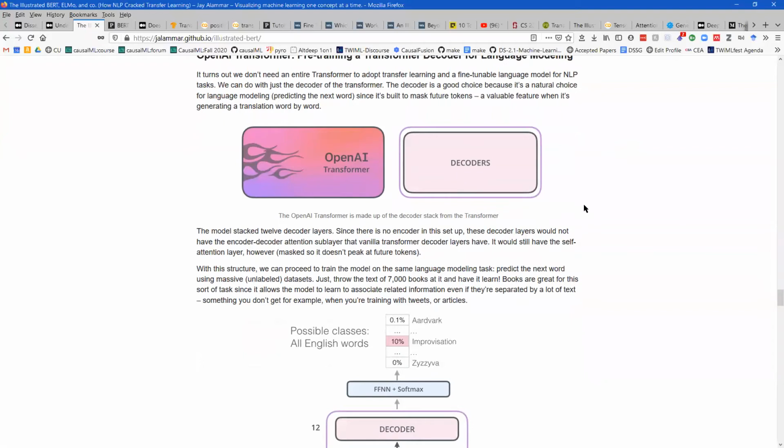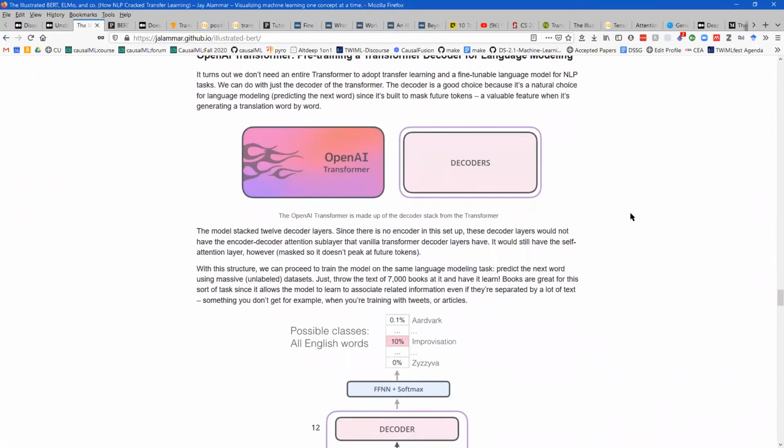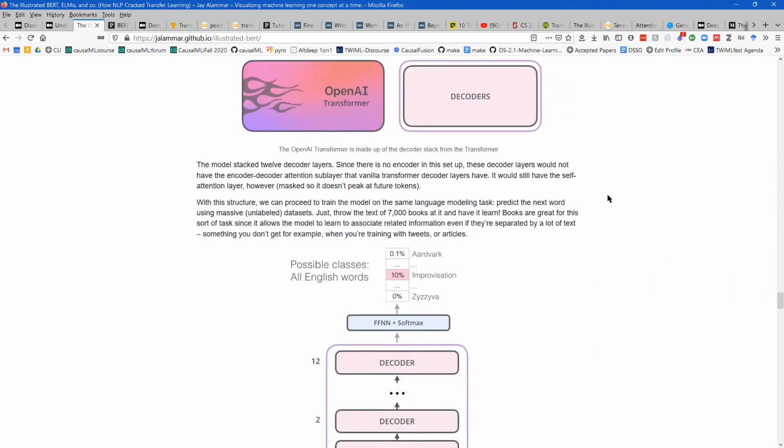I guess the idea is, remember the stack from the transformer paper, there was a left-hand stack of encoders and a right-hand stack of decoders. So OpenAI just uses the decoder part of the transformer. So that's just this high-level slide.